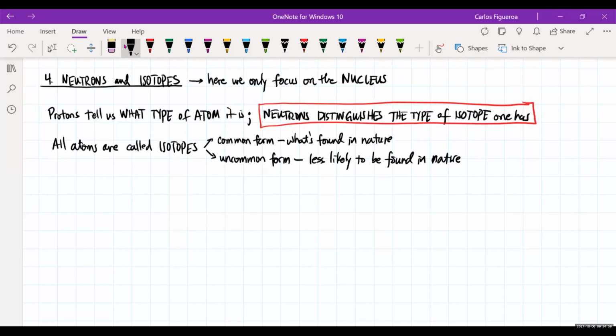And so some isotopes are so rare that the only way you really get them is that you have to literally use a nuclear reactor of some sort or a nuclear accelerator to create them.